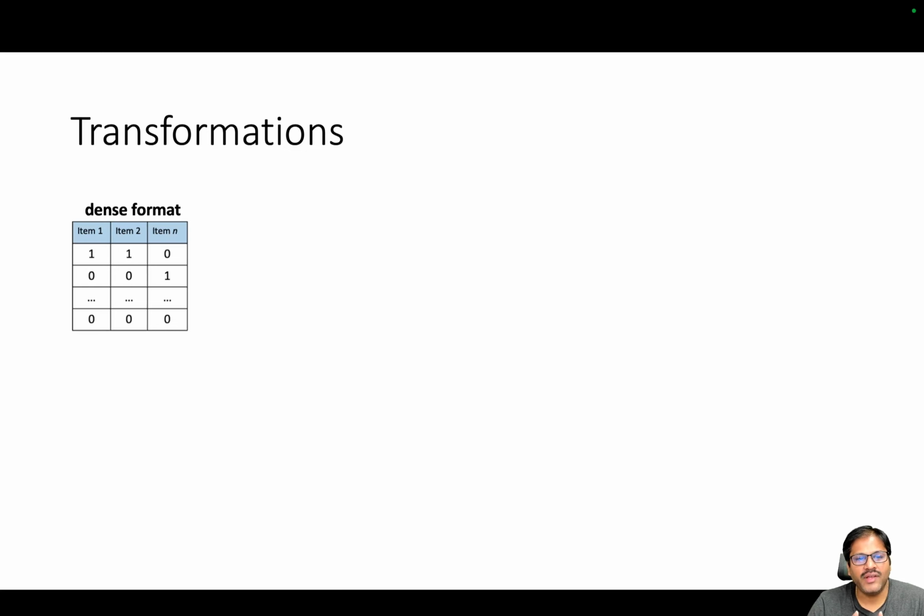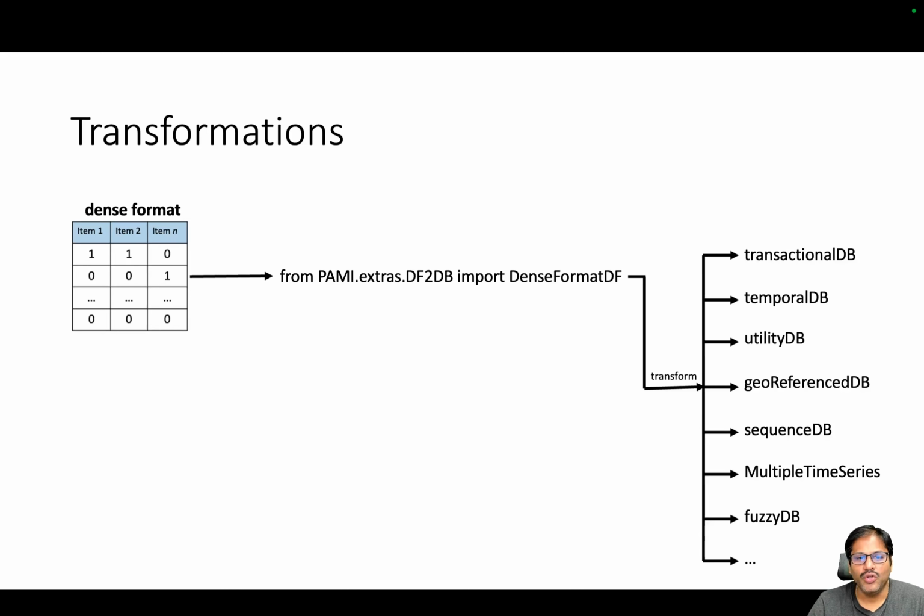If we have the data frame in a dense format, we can simply call the algorithm dense format data frame that is available in the PAMI library. And once you use this algorithm, using different functions, you can convert a dense data frame into different forms of databases.